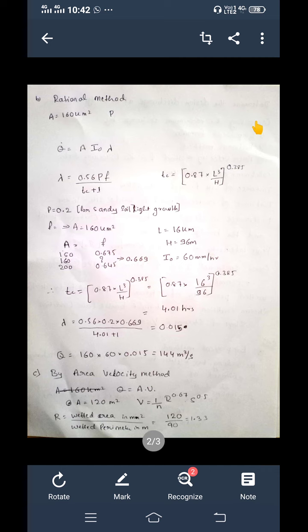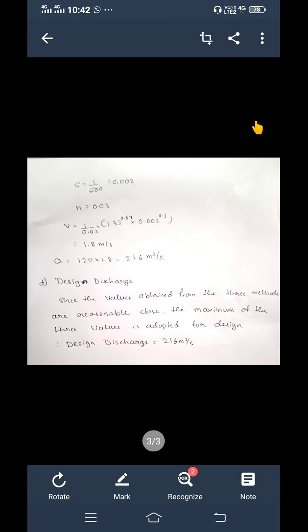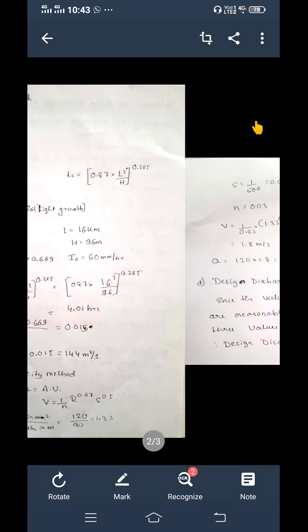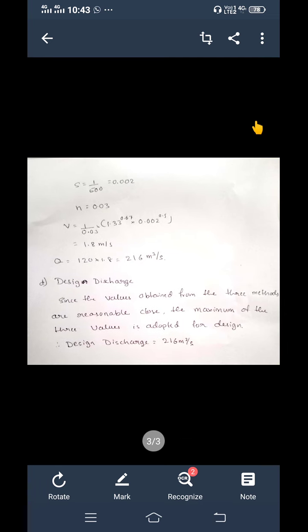So the hydraulic mean depth is equal to 1.33. S is the side slope he has given, 1 divided by 500, so that is equal to 0.002, and N is the coefficient, that is 0.03.